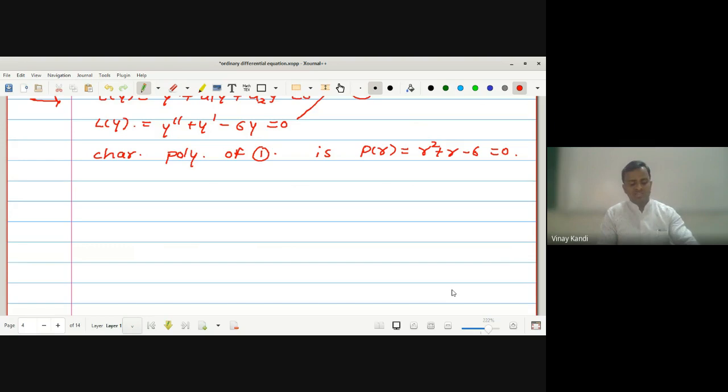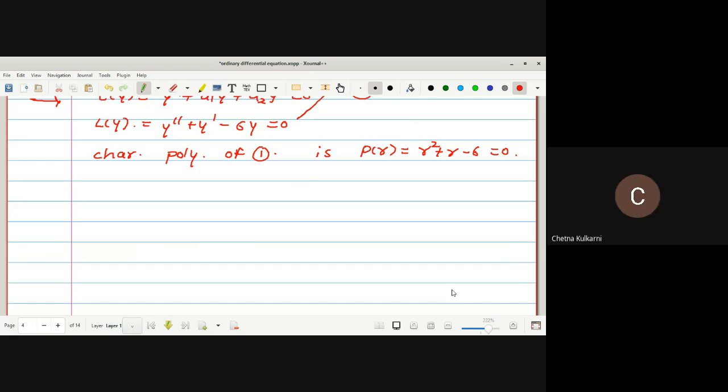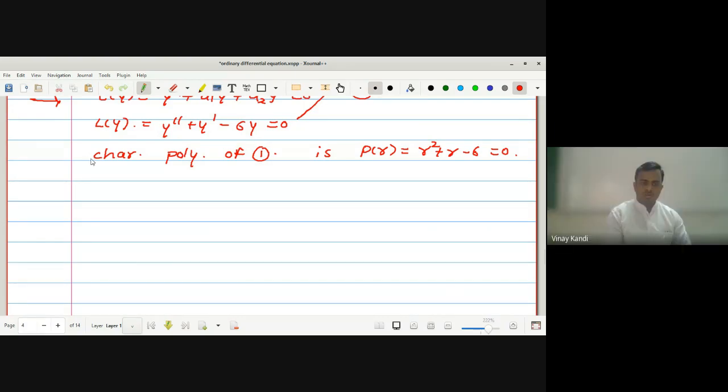Calculate the roots r1 and r2, and from the roots find phi 1 and phi 2. The values of r are 2 and minus 3, which implies phi 1 of x is e raised to minus 3x and phi 2 of x is e raised to 2x.